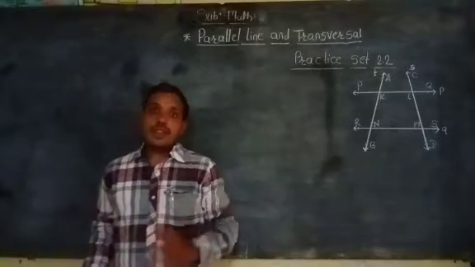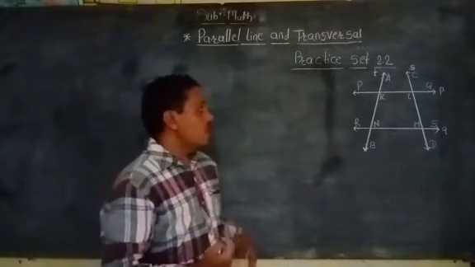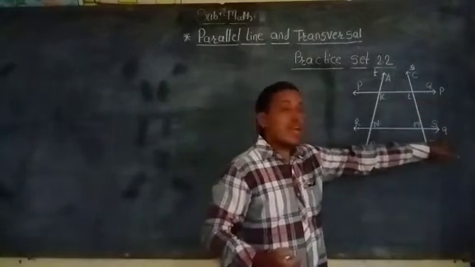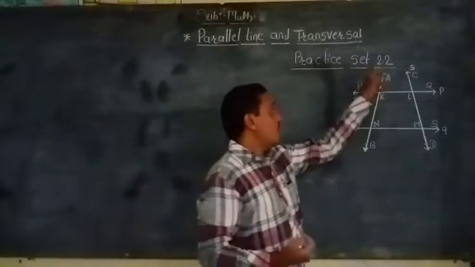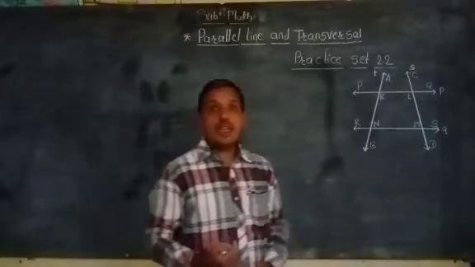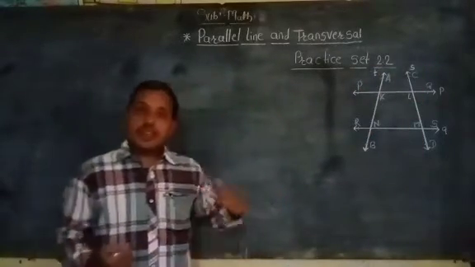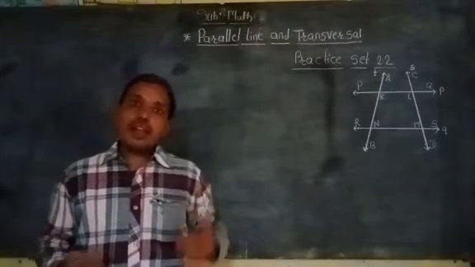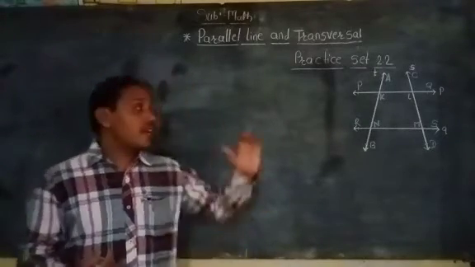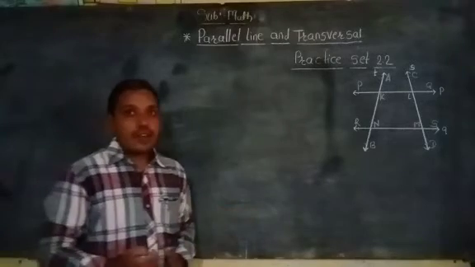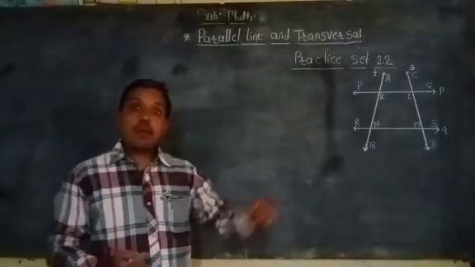So in a third example, the line P and the line Q are the parallel lines, and line T and the line S are their transversals. In that example, the two parallel lines are given and the two transversals are also given, and that is why we can get the names of those lines.